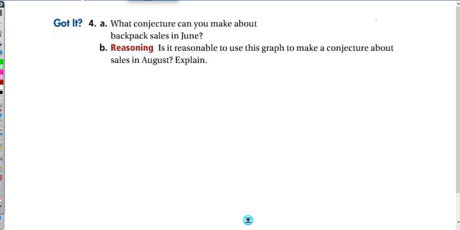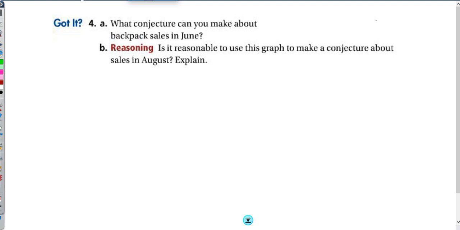Okay, so what do you think about June? It's going to be 700. So you think it's going to go down again? Yeah. About 500, at least 500. I would think it would go down more than that because what's over in June? School. So I would say it might go down even more than 500 because no one's buying book bags when school's over, right?